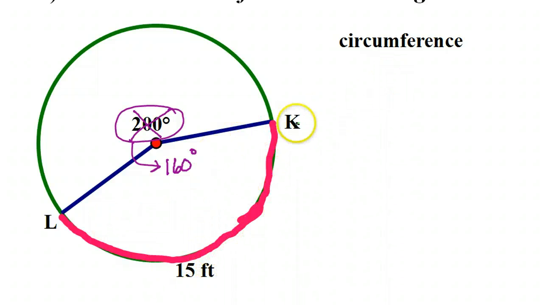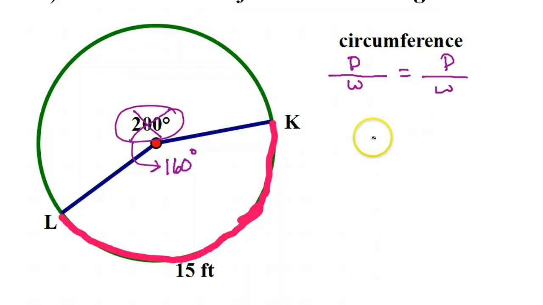Now, anytime we're dealing with a portion of the circle, in your mind you should be thinking, well, what I know is part over whole equals part over whole. Since we're dealing with arc length and circumference, over here on the left side, we're going to be dealing with length.